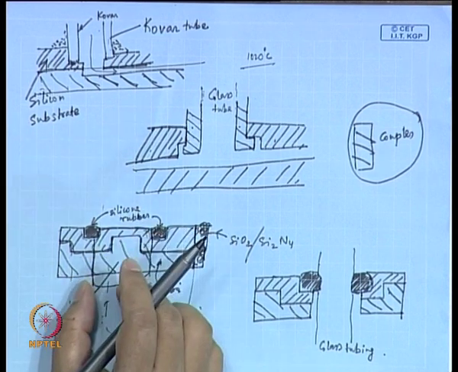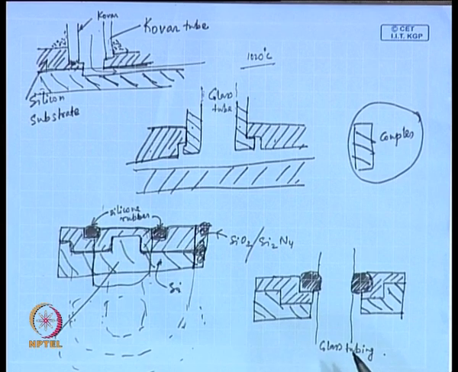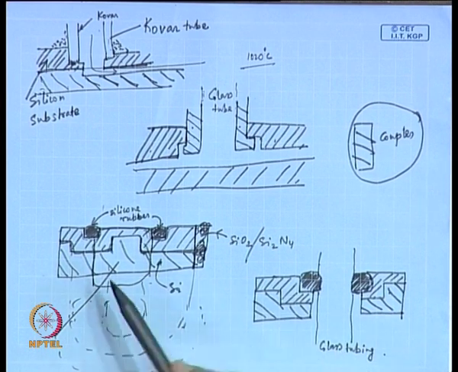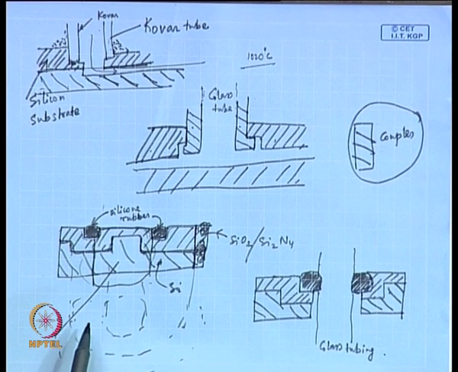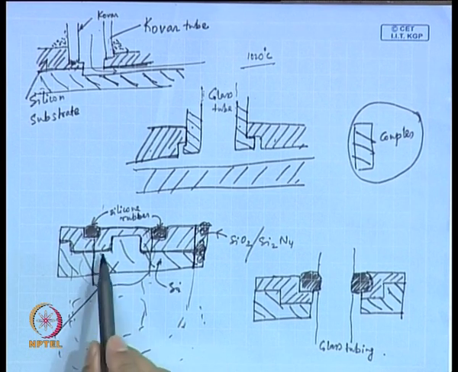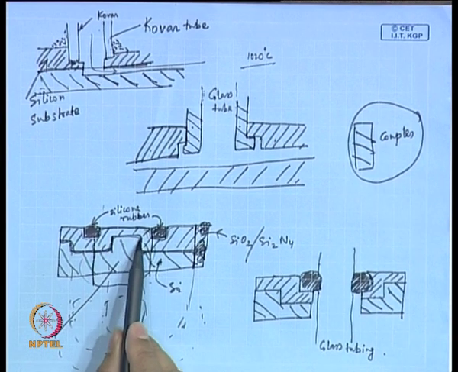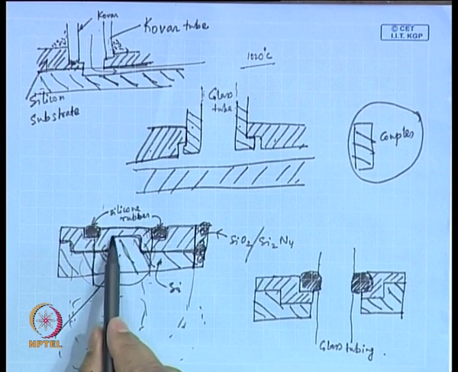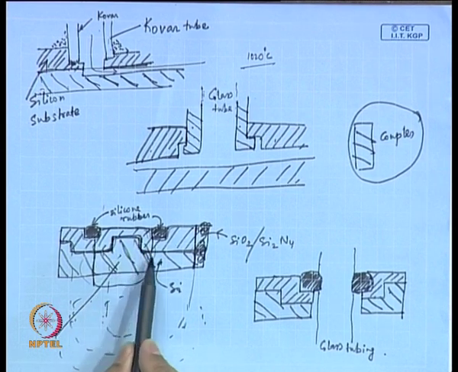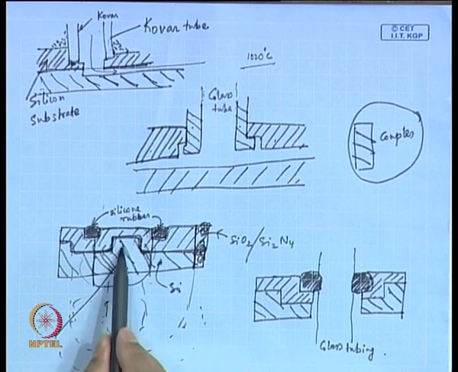So, once you take out this material, you etch it, and then the oxide or nitride layer is etched in buffered HF acid and SF6 plasma. That means, first etching this layer would be easier, because this portion was silicon, mind it. So, this part would be etched quickly, okay.